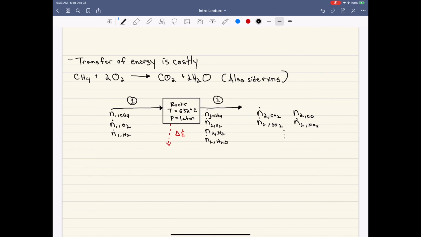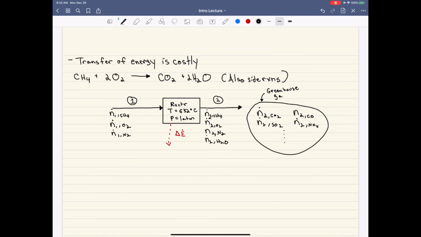And there's many other side products that form, just because the feed stream isn't going to be pure methane and air, right? There's going to be some impurities in there that will react and form these other products. And the reason I'm highlighting these other products is because they belong to a group of chemicals known as greenhouse gases.